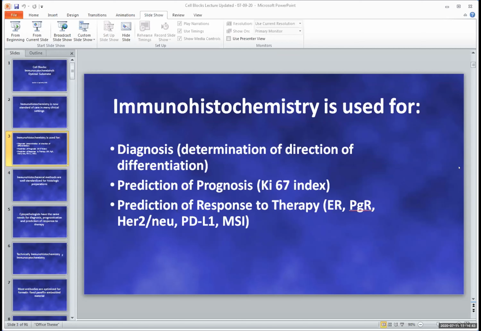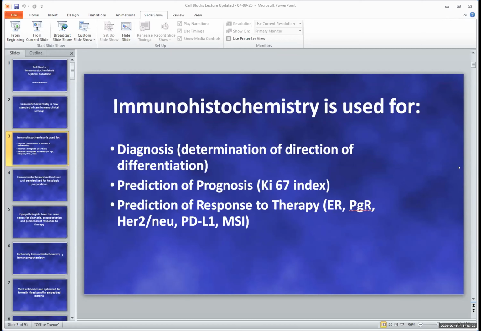But today, that's only the start of the questions we receive from our clinical colleagues, because even when we say that this is an adenocarcinoma, generally they want to know a more specific subtype, and usually the primary site of origin.